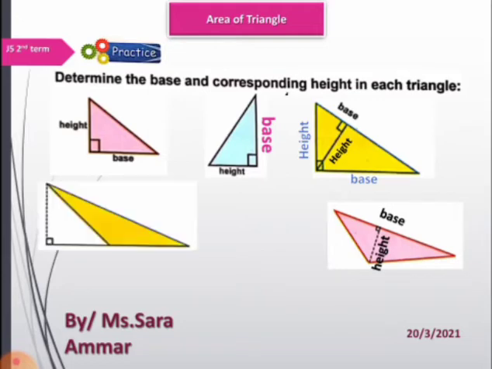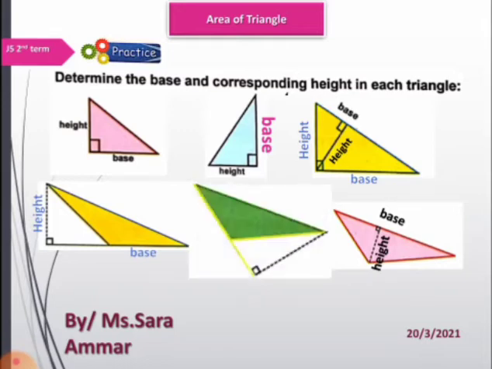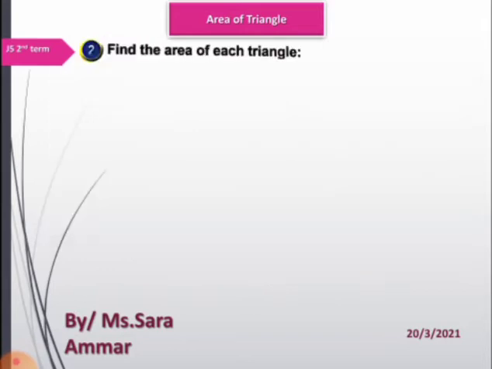But the other two heights, which belong to the smaller bases, are drawn outside of the triangle, like this dotted line. The base of this height is this short one, and as we can see, the height is outside the yellow triangle. Also here in this green triangle, the height is outside the green triangle and this is the corresponding base for it.